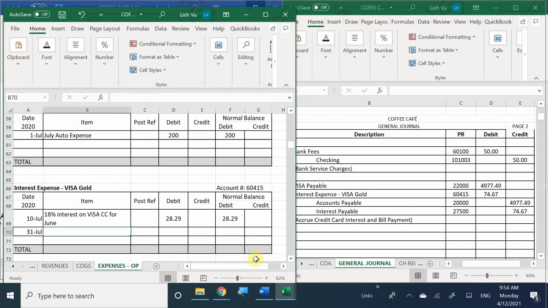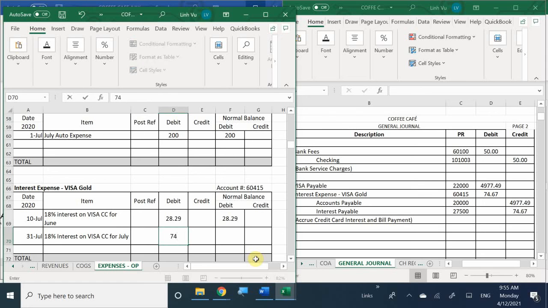Okay. $18 interest on Visa CC for July. Okay. And it's for the 74.67. Okay. So therefore that should bring my account balance to be 102.96. So here I've already accrued the interest for my June, right?